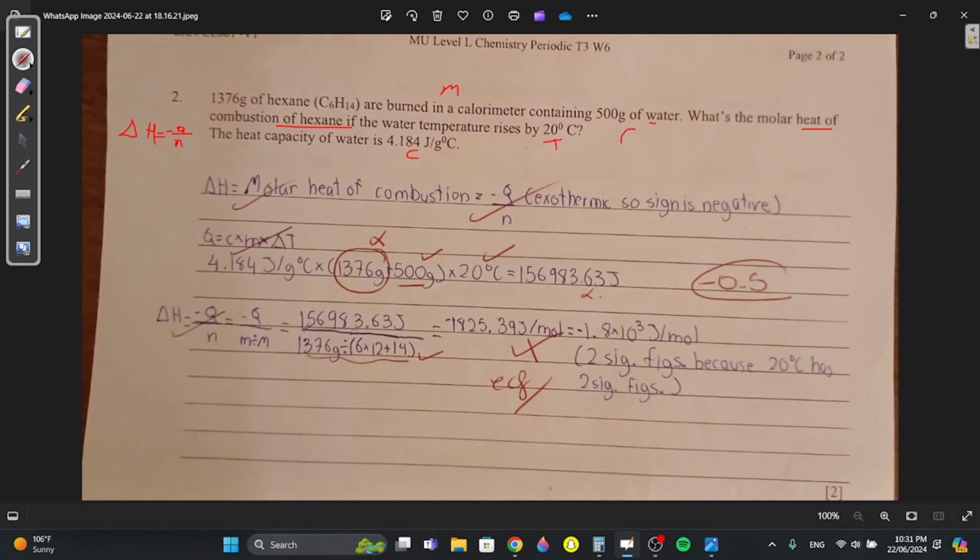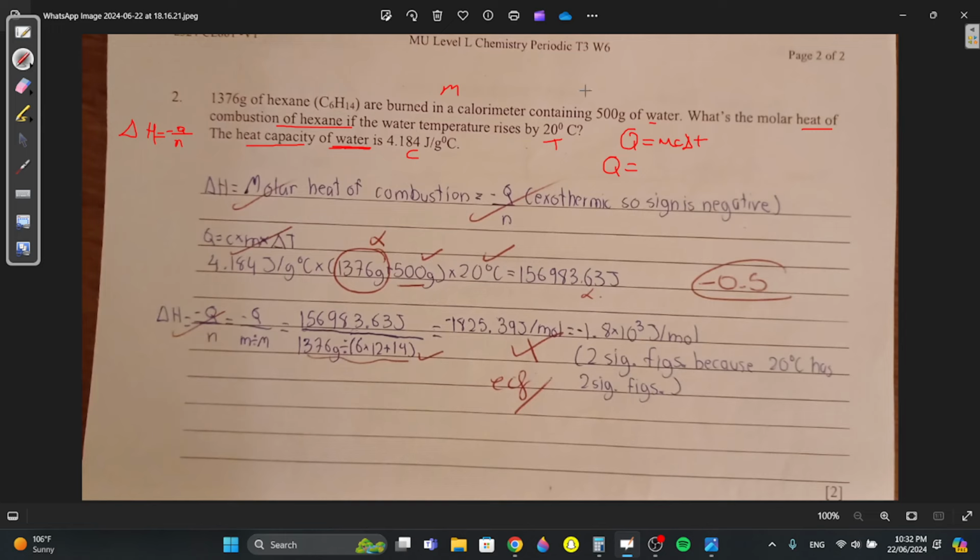So do you think I can find Q? We know Q equals MC delta T. So we can find Q. Q equals the mass. You're going to ask, look, this is what our friend here did. He added up the masses. Well, that would be the logical thing to do, right? But no. What solution are we talking about? What heat capacity do we have? Water.